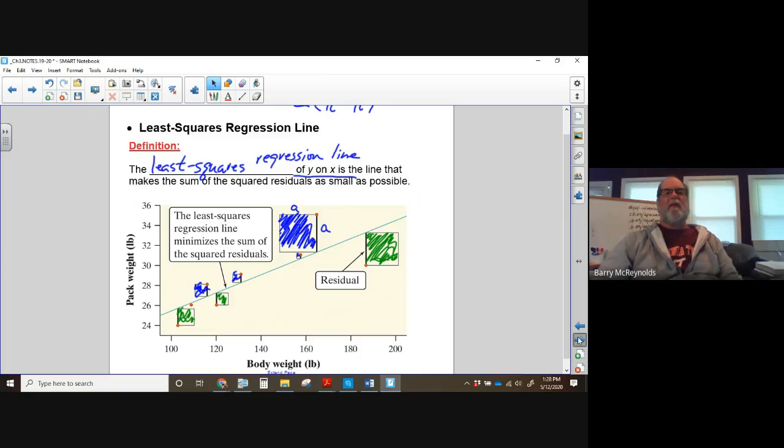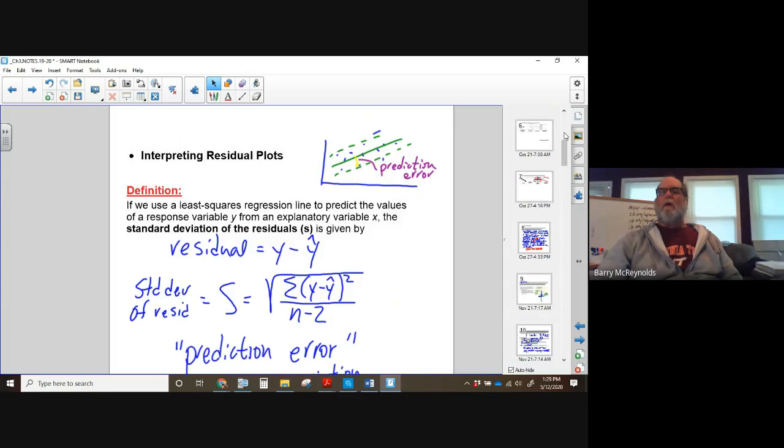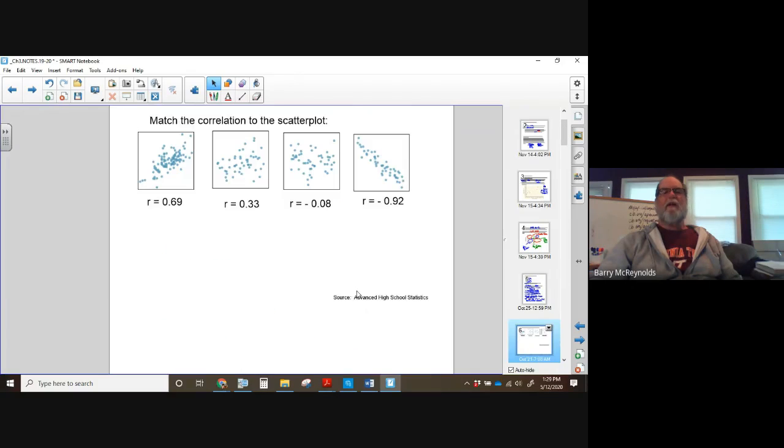A couple of other things you'll need to remember: one of the ways we looked at some of these curves yesterday.